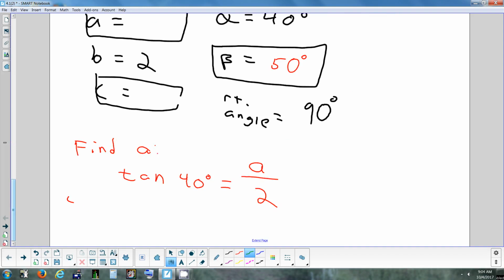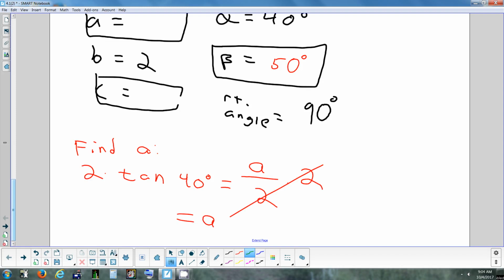Think if it was just 40 equals x over 2. That's pretty much the same basic idea. How would you get the 2 on the other side? Yeah, you multiply each side by 2. So you're going to do the same thing here. Times 2, times 2.